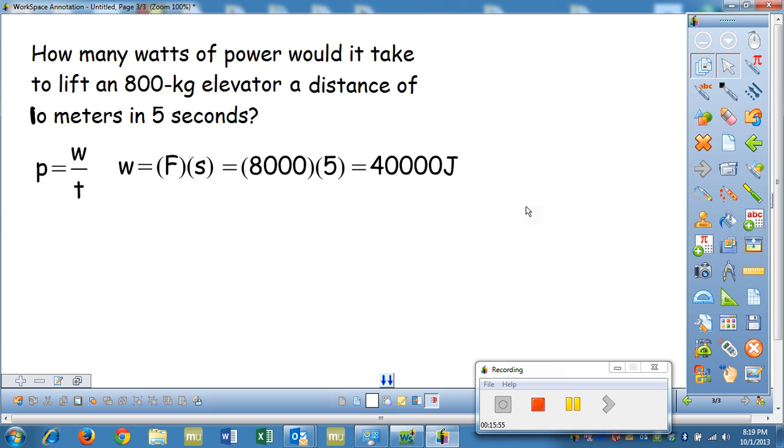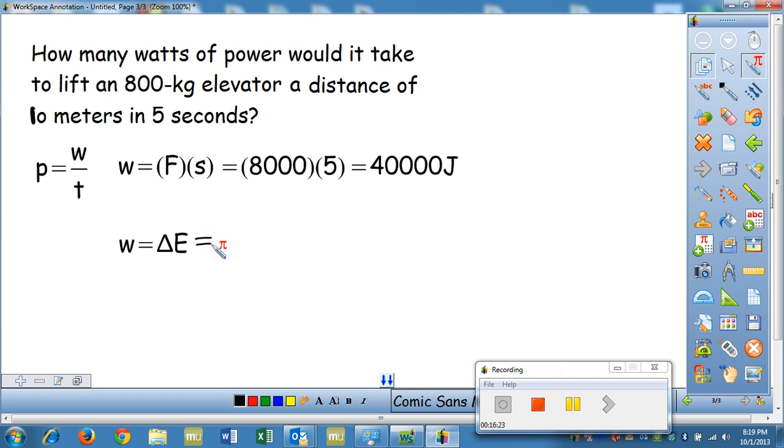But if we don't really know about whether or not it was accelerating or not, we could still use our potential energy, right? Because work is also just equal to the change in energy. And if we start out not moving and end up not moving, the only change in energy is the potential energy, which is mgh, right?